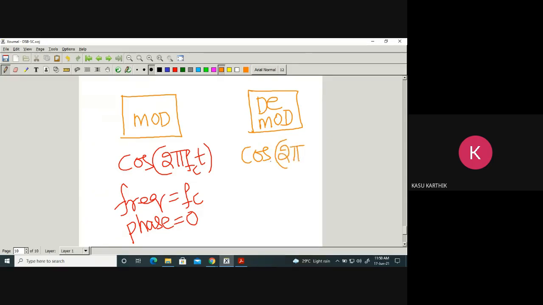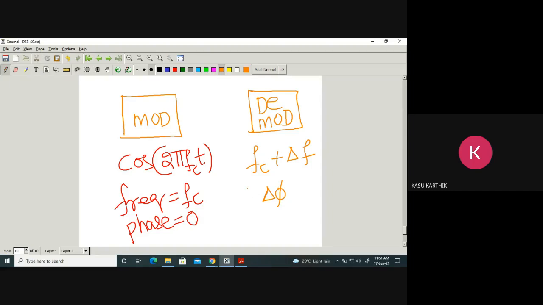Suppose it has frequency fc plus some extra frequency, del f. The frequency is not the same, and the phase is also not the same. So there is a shift in the frequency and a shift in the phase.